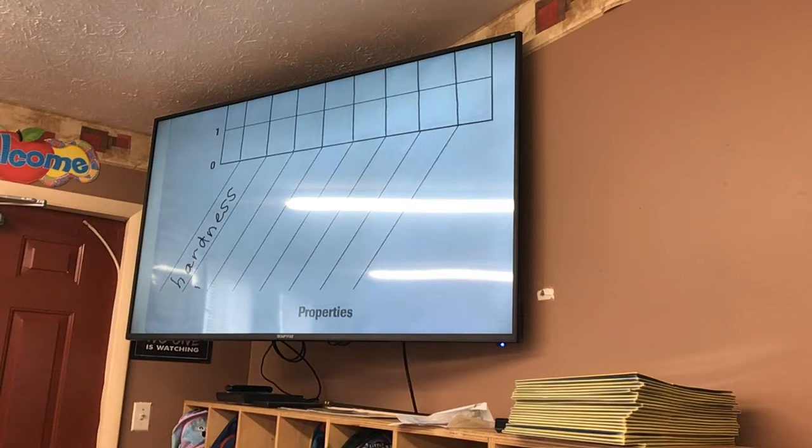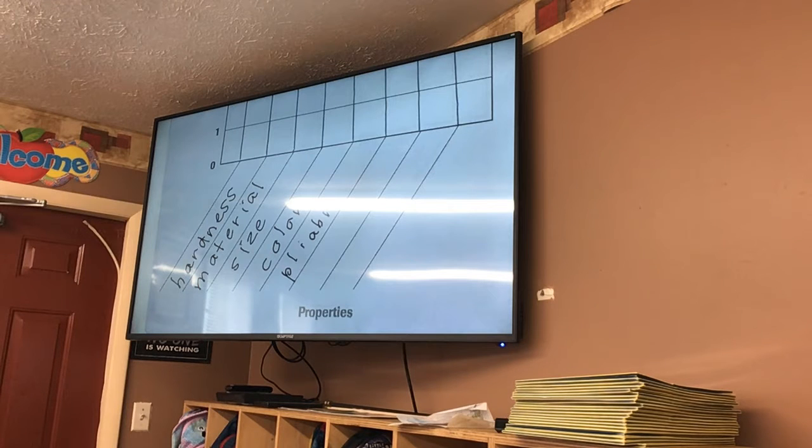And we're gonna write material. So this is down the bottom where it says properties. We're gonna look at the size. We're gonna look at the color. And we're gonna look at the pliability.